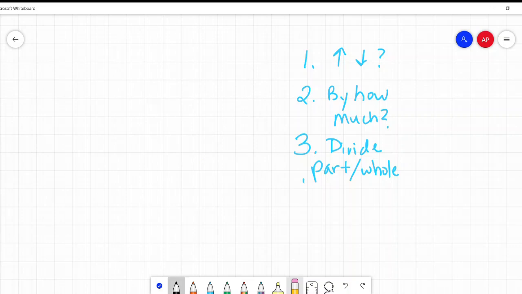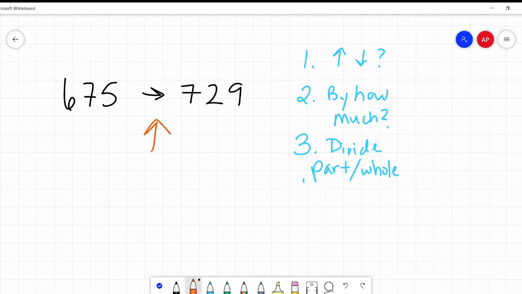Next one, let's say 675 to 729. Okay, did it go up or did it go down? Well, from 675 to 729, it went up. By how much? Well, to find the change, you subtract the smaller number from the bigger number.